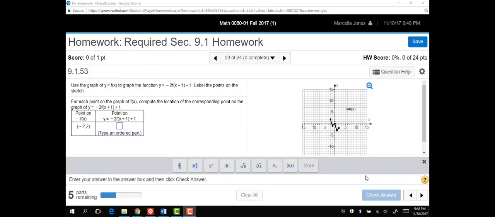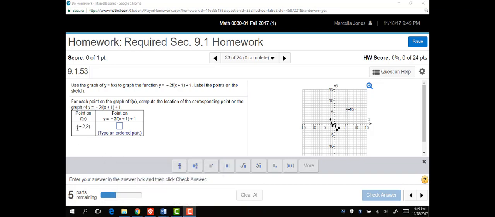Let's take a look at number 53 from section 9.1. We want to take this graph and use it to find out what happens to each of the points we're asked to transform, based upon the fact that we want to transform y = f(x) into y = -2f(x + 1) + 1.